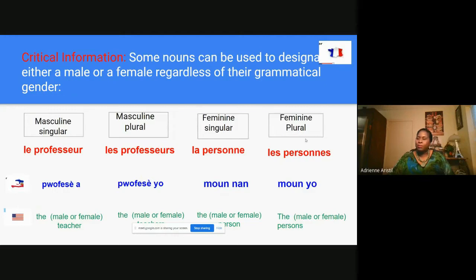To talk about more than one female or more than one male, you will say les personnes. And in Creole, moun for singular, and for plural, you still say moun yo.